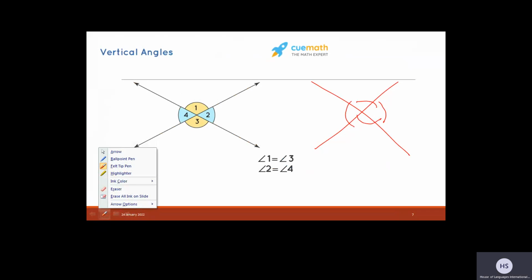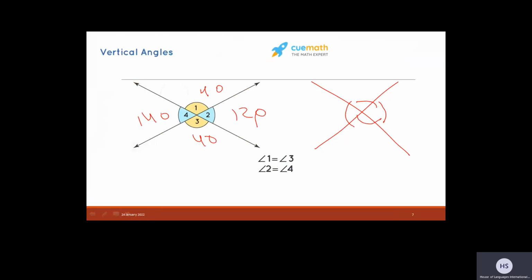Opposite means 1 and 3, up and down, left and right. 1 and 3 are equal, 2 and 4 are equal. As an example, if this is 40, this will be 40. If this is 140, here it will be 140.